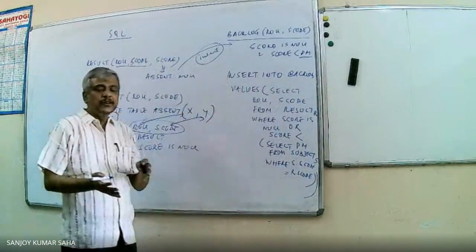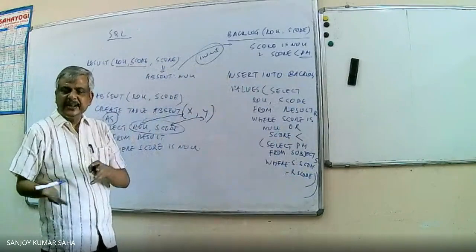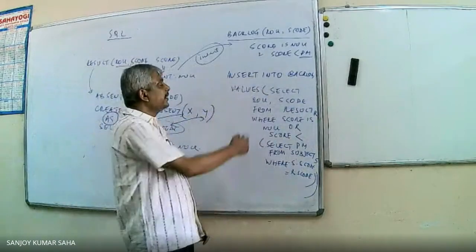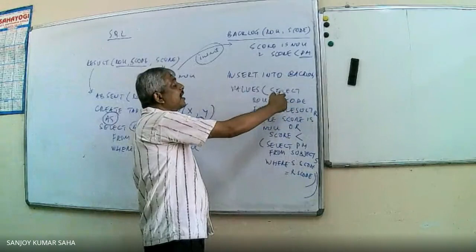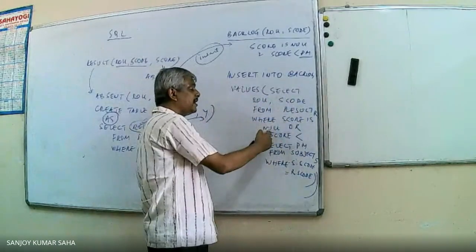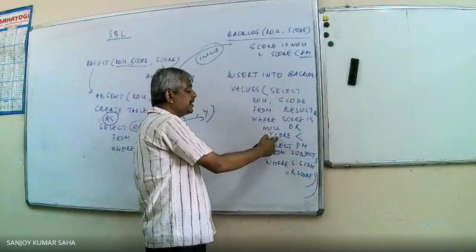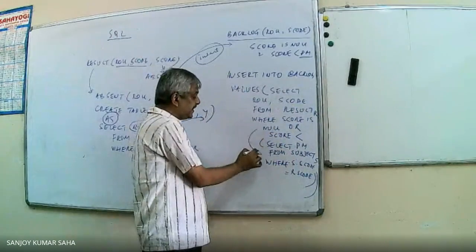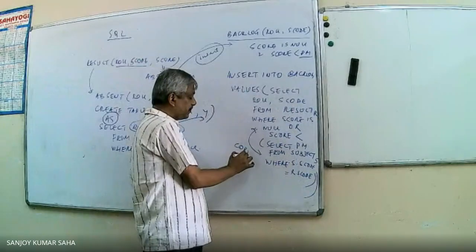So see, whenever we are going for the sub-query kind of thing, there will be a nesting also. So from here, it will give us those roll and subject code where score is null or if the score is less than the corresponding first ones. So here it is correlated.